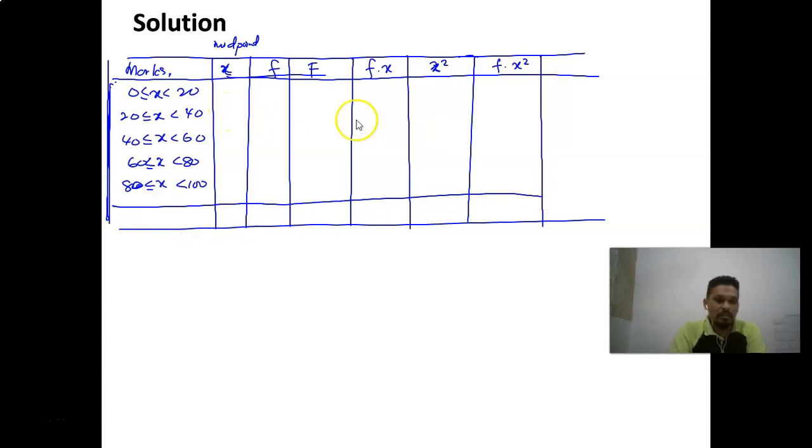So then x, let's say the midpoint here, is 10, 30, 50, 70, and 90.